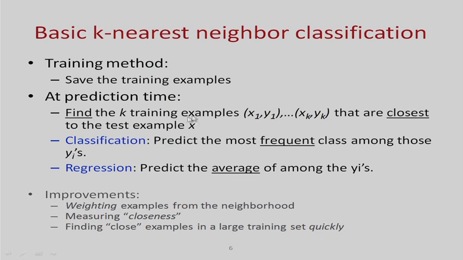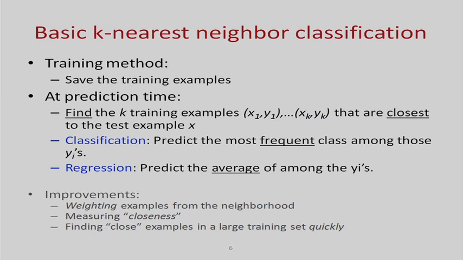And as we have seen, if you look at the slide, this is the basic K nearest neighbor classification, which we have already discussed. In the training time, the training method is to save the training examples. At prediction time, you find the K training examples that are closest to the test example X. For classification, you predict the most frequent class among those K yi values.